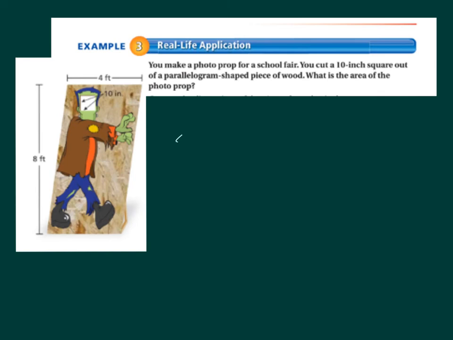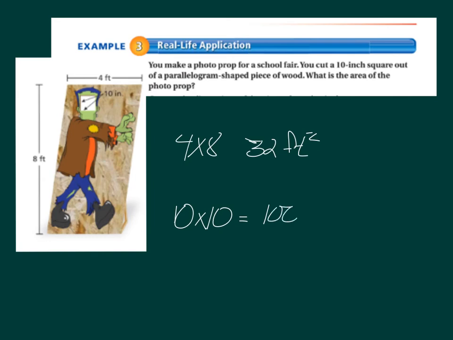It's 4 times 8, and when we multiply 4 times 8, we get 32 feet squared. And honestly, for the sake of this problem, you guys, here's what I'm going to do. We're going to find the area of that square, which if it's a 10 by 10 square, it's going to be 10 inches by 10 inches. And so we have 100 inches squared.